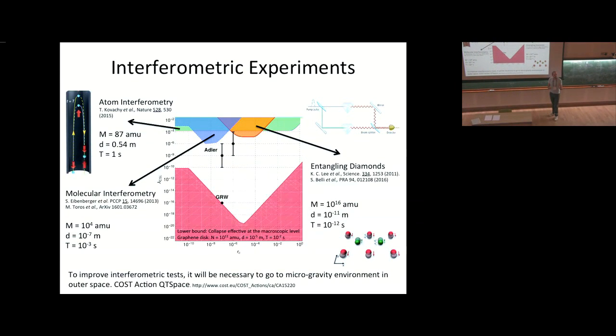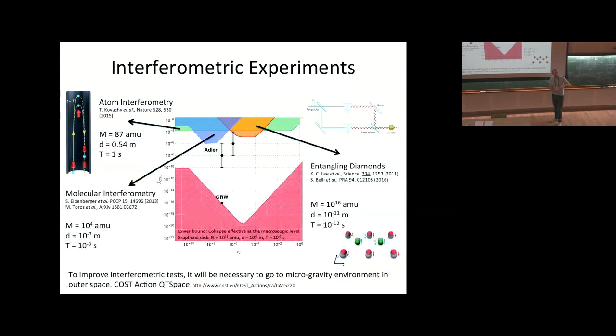Phonon here means vibration of the internal structure. No phonon means no vibration, which means that you have a superposition of matter here or matter here. So phonon plus no phonon is a superposition in space of matter. What is the benefit? That you have a huge number of particles, 10 to the 16, whatever. But you lose in the superposition distance, which is unbelievably small, and in the time scale, because the lifetime of a phonon is very small. So you achieve somewhere, you lose somewhere else. And the bound, again, is similar to the other one.